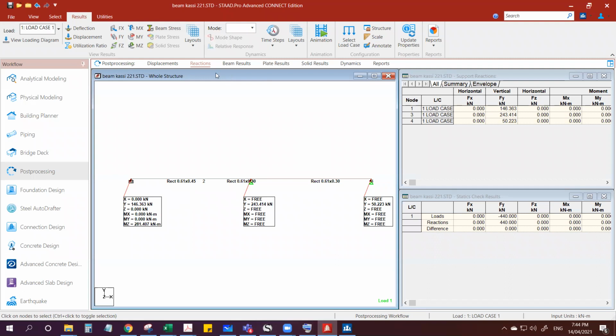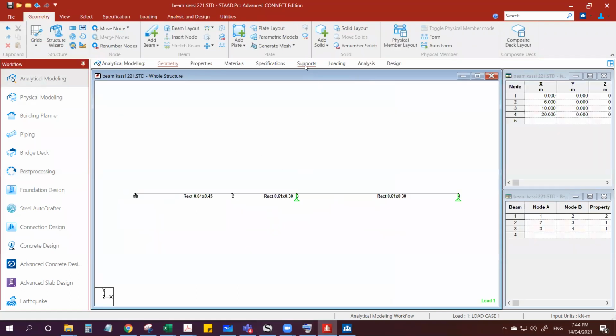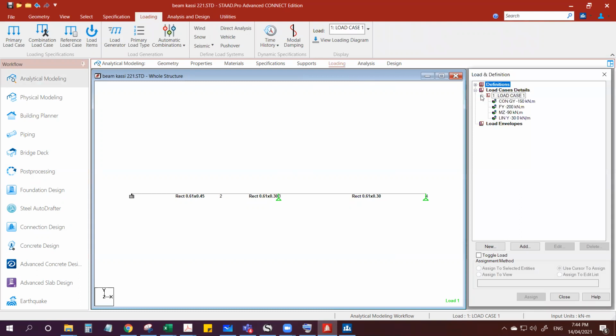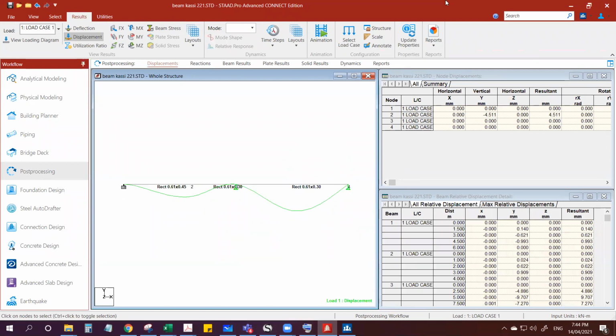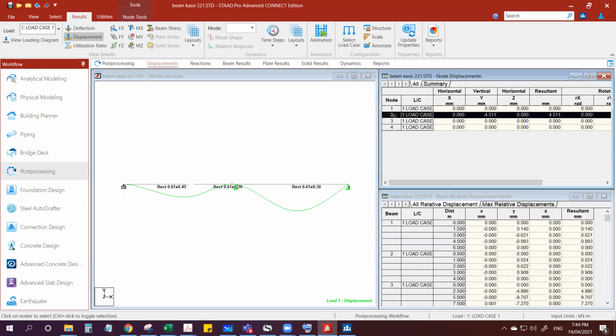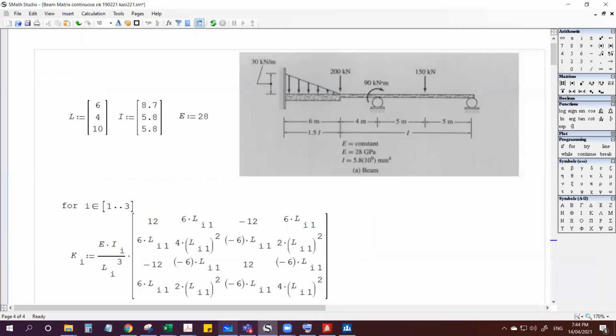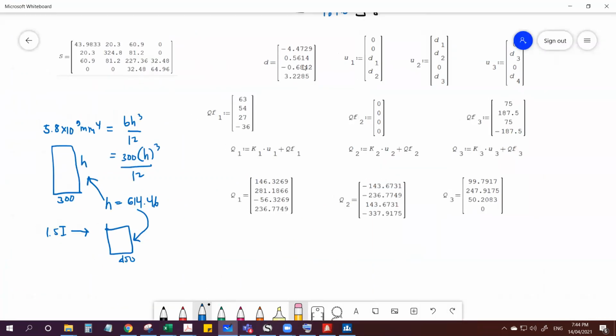Okay, so I verified the model earlier. I should have put in a negative sign in our moment. It should be negative 90 instead of positive 90. And that's after running. So this is our new result. Okay, so we have 4.5 vertical displacement on node 2, which I already pasted the values in, which is almost the same as our vertical displacement here, 4.47.